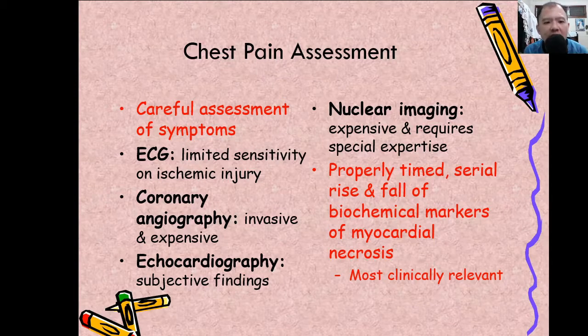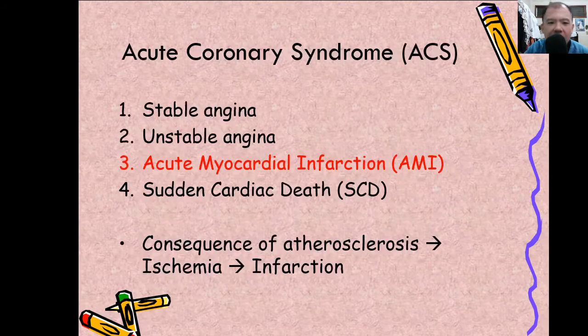Although sophisticated, these modalities have their own limitations. And nothing takes the place of the properly timed use and assessment of the serial rise and fall of the cardiac biochemical markers, especially when we are dealing with myocardial infarction or necrosis. Actually, it is the most clinically relevant.